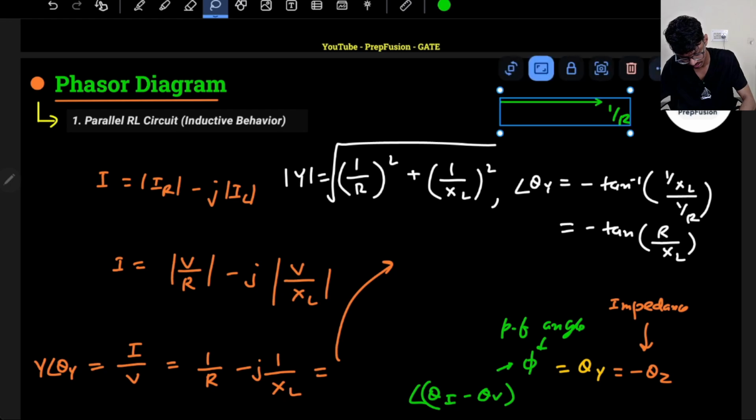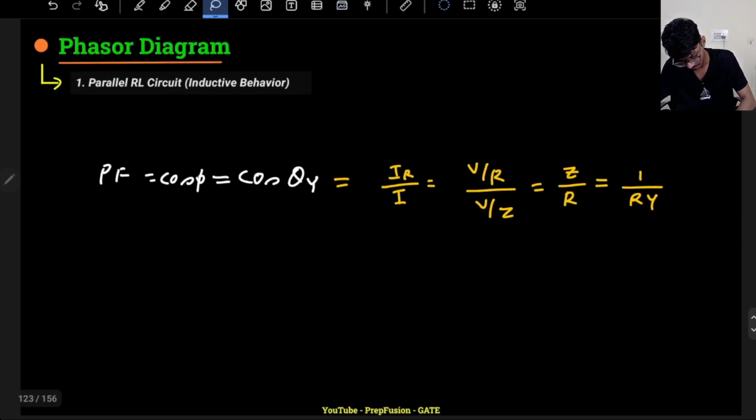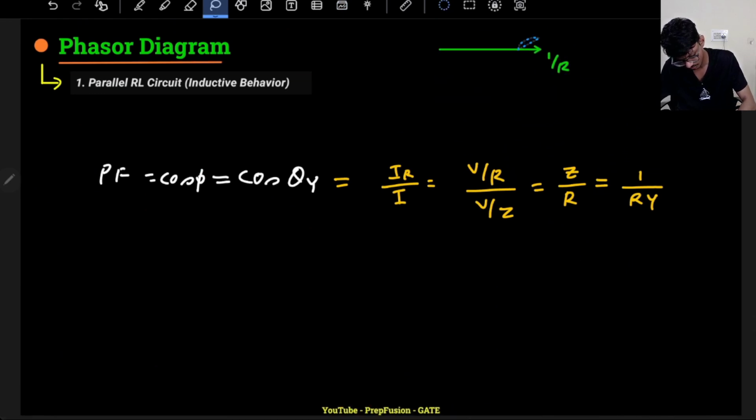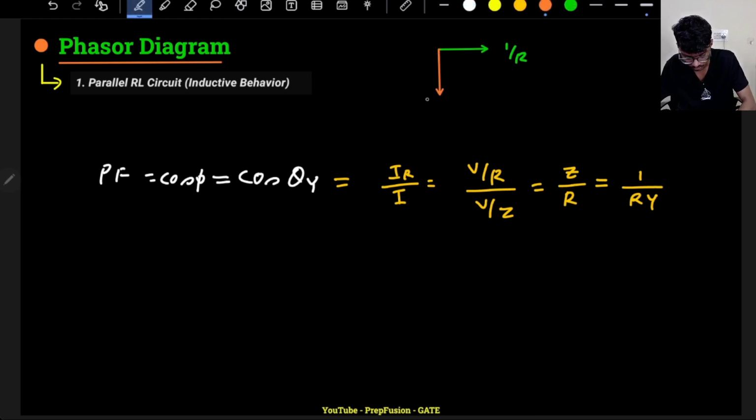Let me just take it on the next page. Here we have space, right? So if I draw it here, this is 1 by XL.